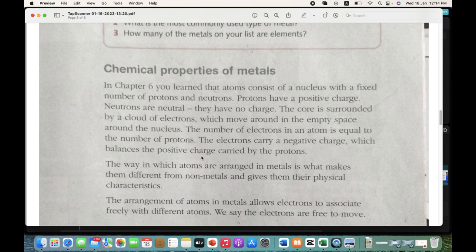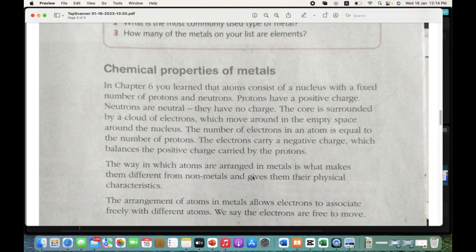But it is the electron that is responsible for the chemical properties of atoms or of metals.